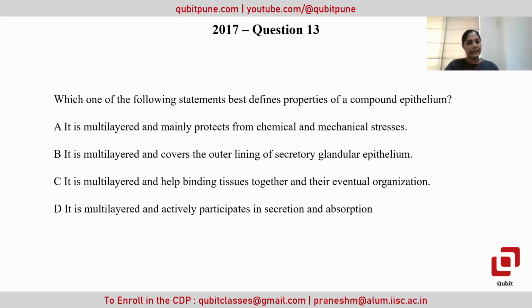Compound epithelium is a multilayered tissue which is mainly protective, working as a protective layer against chemical and mechanical stress. One of the classic examples is the skin. It is also present in the linings of some of our internal tracts. Compound epithelium has the least capacity for secretion and absorption.